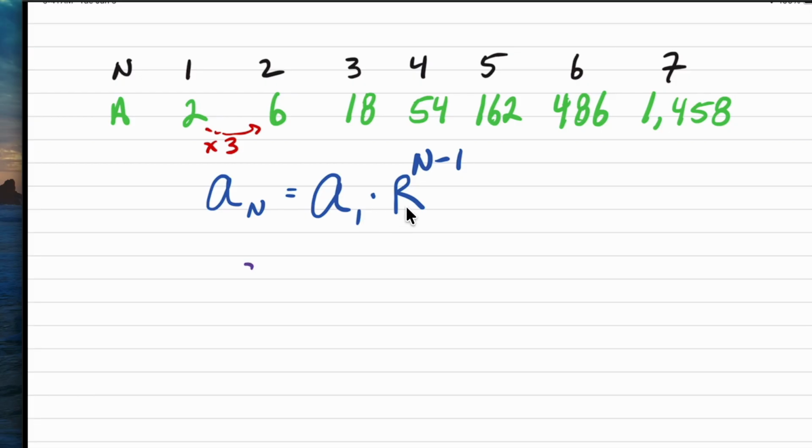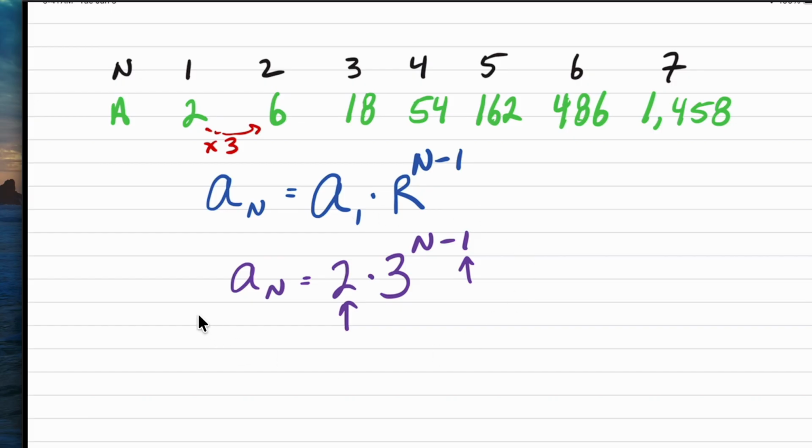So our explicit rule is going to be our a sub 1 value, which is 2, times 3 to the n minus 1. So that's our a value at the 1 position. We have our 1 here, so they match. So wherever you want to go, you should be able to use this formula.